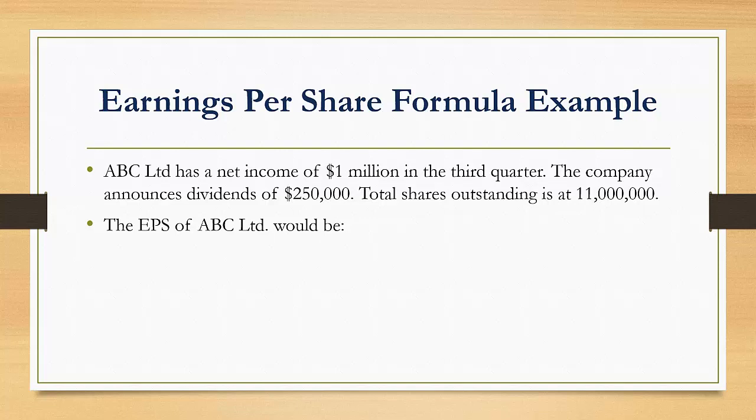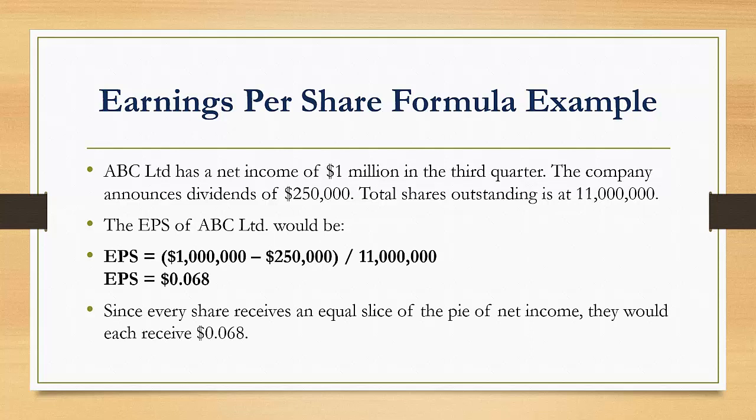The earning per share of ABC Limited would be $1 million, which is the net income, minus the dividend, which is $250,000, divided by total shares outstanding. And this will give us the earning per share of $0.068. Since every share receives an equal slice of the pie of net income, they would each receive $0.068.